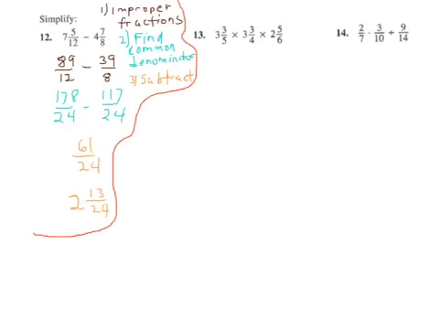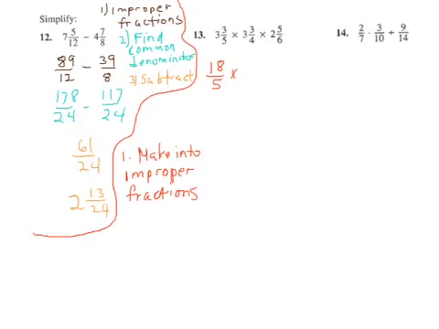The first step in number 13 will be to make these fractions, these mixed numbers, into improper fractions. So I'm going to do the 3 times 5 is 15 plus 3. It makes 18 over 5.